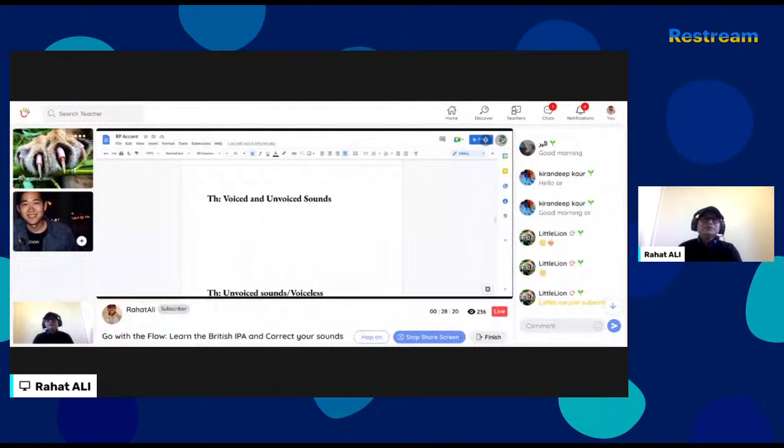When we're reading inside a sentence like Russia and India are friends, there is no R sound in the words, but where does the R come from? That is the typical R, we call it intrusive R in British IPA. Honestly, it's only a matter of practice and learning. If someone doesn't know, they would be shocked and surprised. Even though there is no R sound, how come there is an R sound?